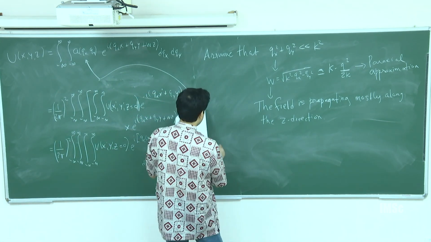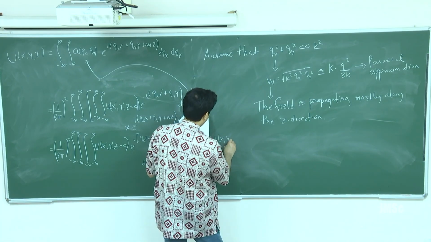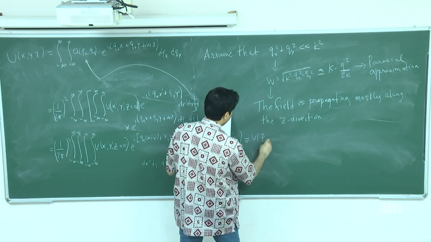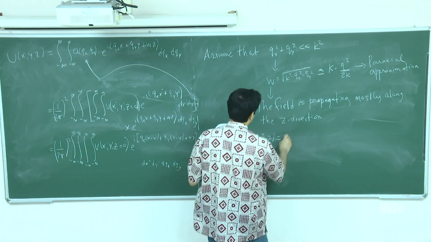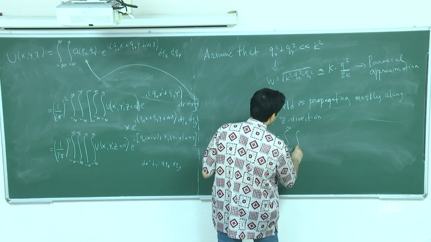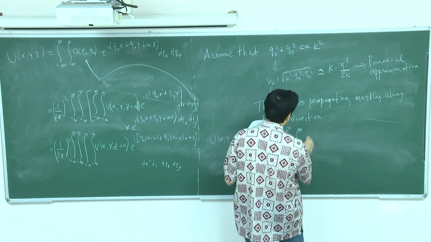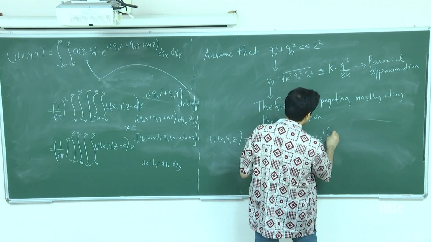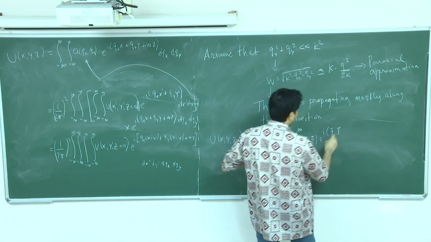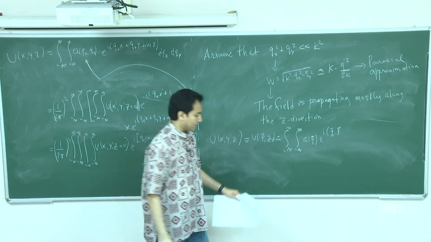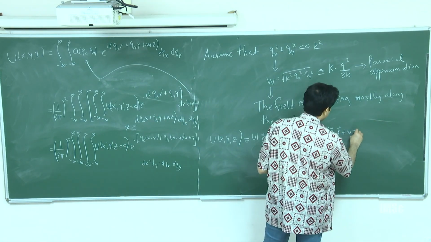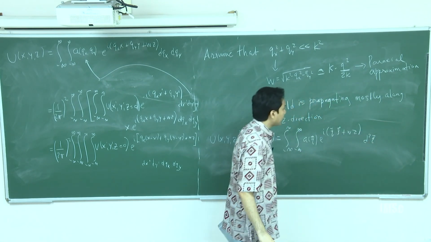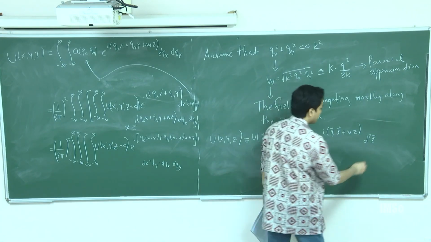So let us recall this expression. We have seen it many times. We are just going to rewrite it once again under the paraxial approximation. So q dot rho is basically qx x plus qy y, and d squared q is basically dqx dqy.